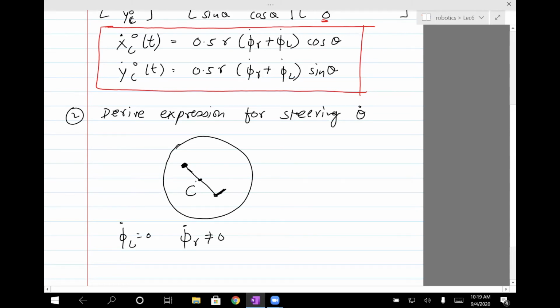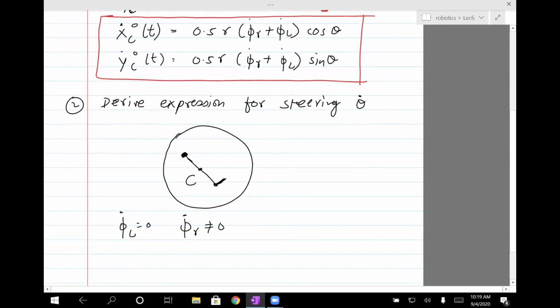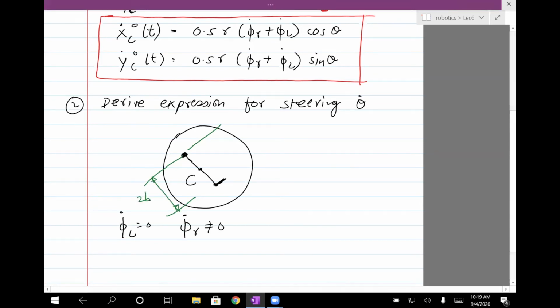And we also know that this distance, which is the distance between the two wheels, is 2b, sorry, this is 2b. We also know that the radius of the wheel is r. So now I think I'm all set to derive the formula.